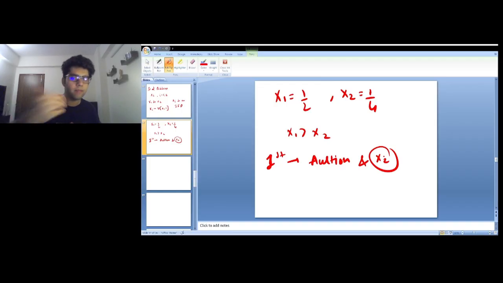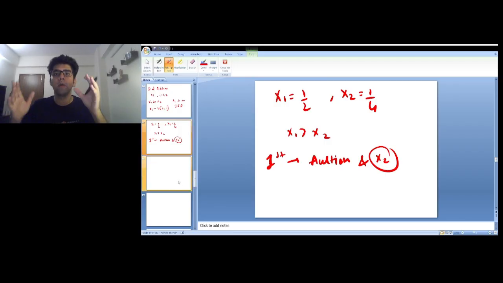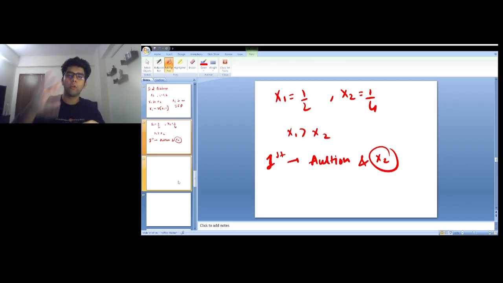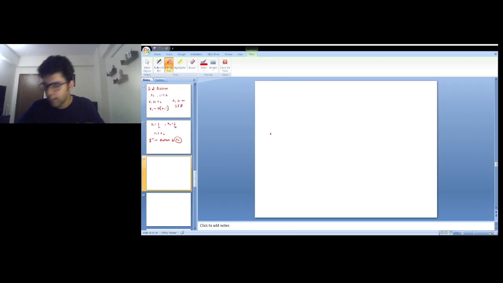Your bid is greater than my bid, so you win the auction and you will pay the amount that I bid, so you will be paying 50. So this is clear. But because both bidders are drawing their bids from a uniform distribution from 0 to 1, we can only take bids lying between 0 and 1.